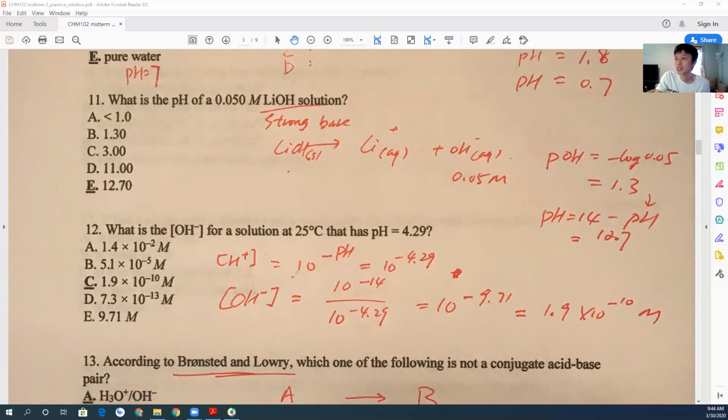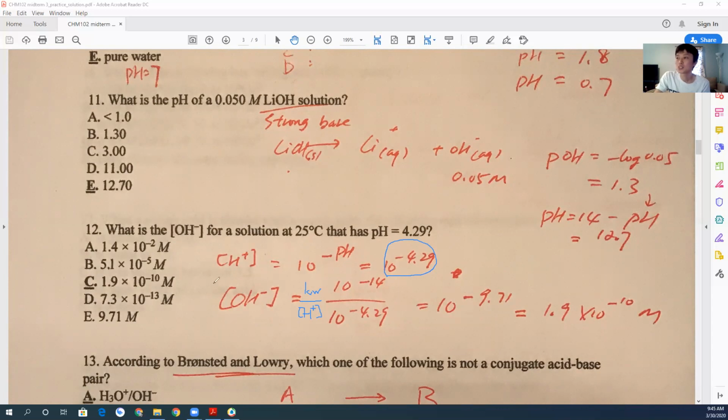The proton concentration is 10 to the negative pH, so it's equal to 10 to the negative 4.29. Then you can calculate the hydroxide concentration by using Kw divided by the proton concentration.